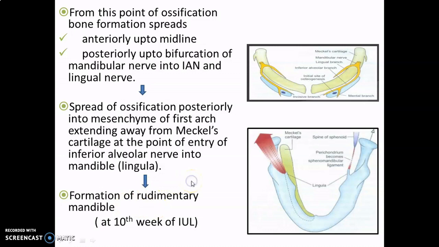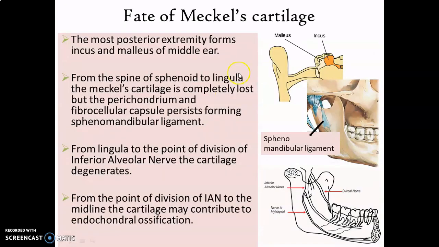Now let's see what happens to Meckel's cartilage after these developmental events. The most posterior extremity of Meckel's cartilage forms the incus and malleus of the middle ear, which are two of the three ear ossicles.